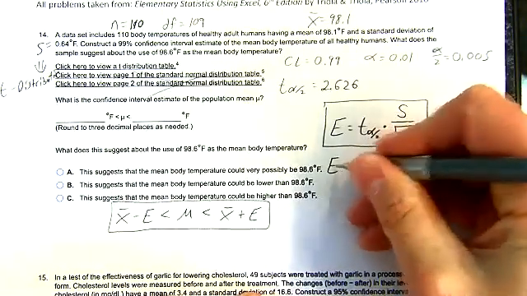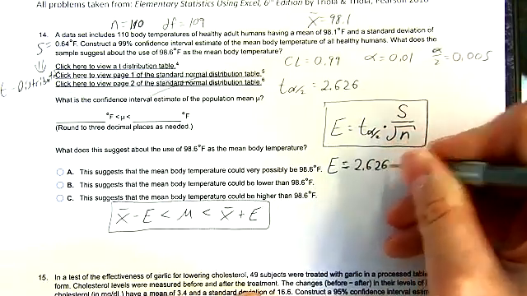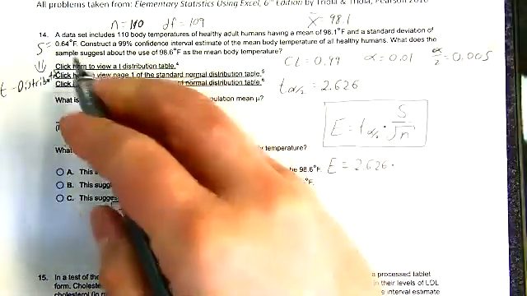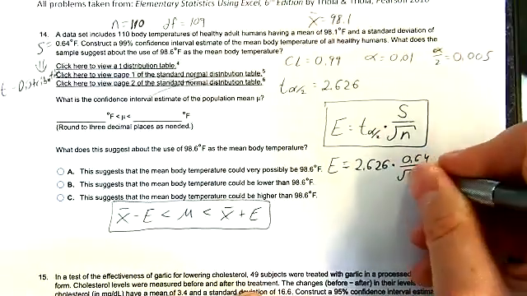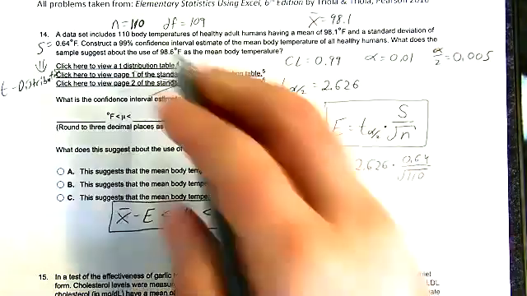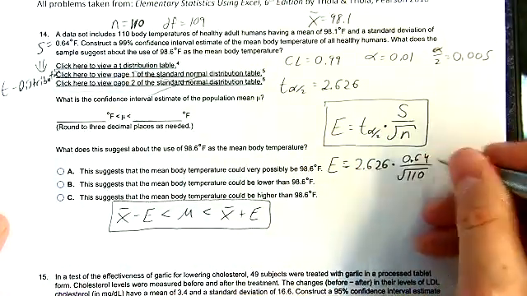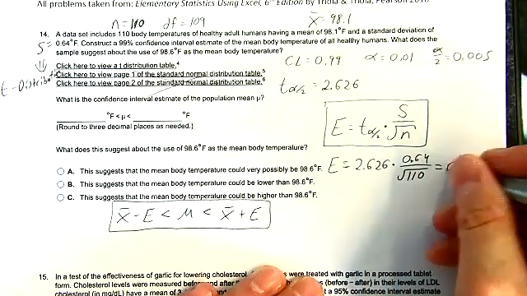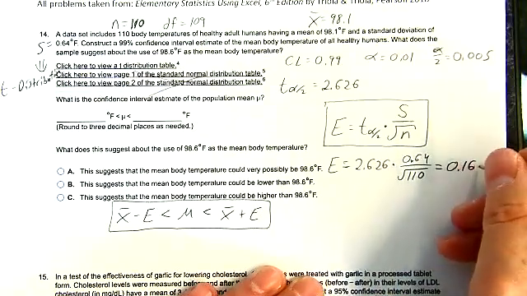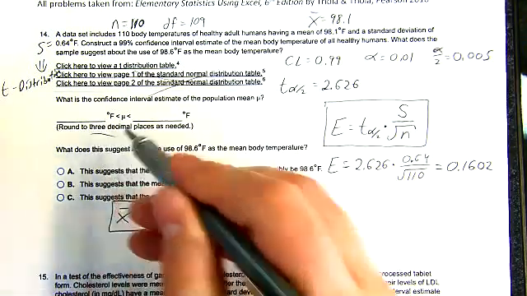So our margin of error for this problem is that t value we looked up, 2.626, times s, which was given as 0.64, all divided by the square root of 110, the sample size. If you're very careful about punching this in your calculator, you should get a margin of error of 0.1602. They want you to round to 3 decimals, so I'm going to keep 4.